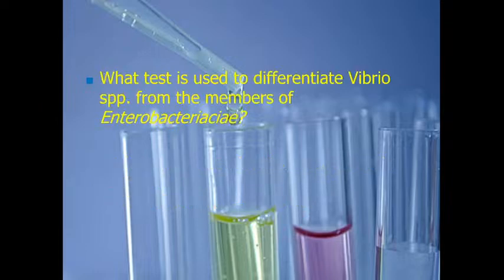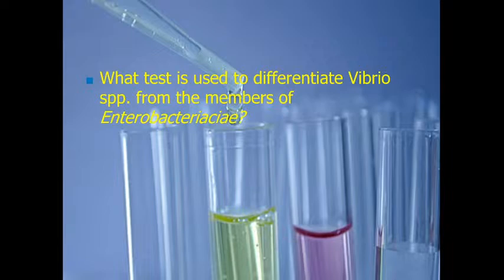consistency. Now, what is the test used to differentiate Vibrio species from members of the Enterobacteriaceae family? Again, because it's a facultative anaerobe, it's capable of oxidation, similar to Pseudomonas. That's the reason why I don't discuss these two groups of organisms together, because my students might confuse them with one another.